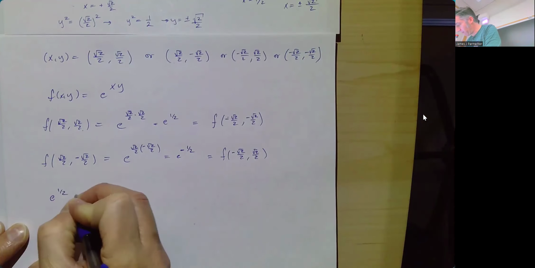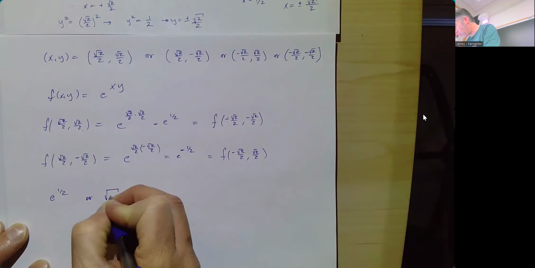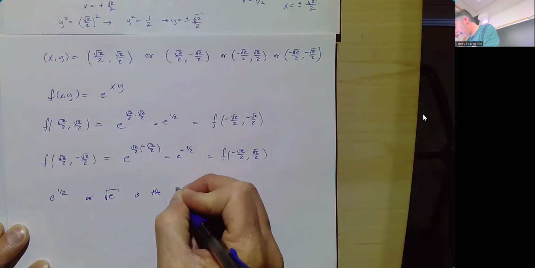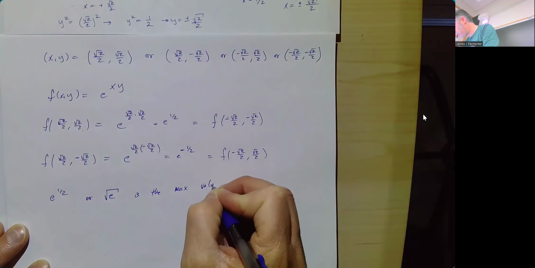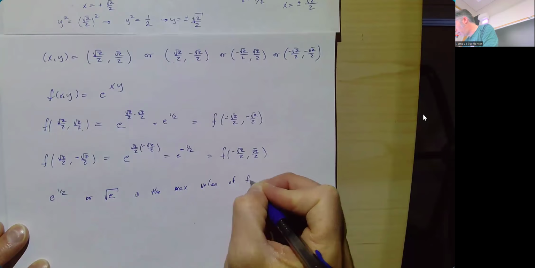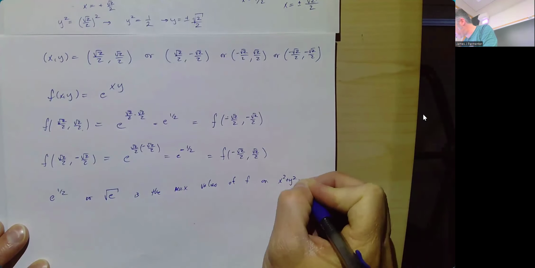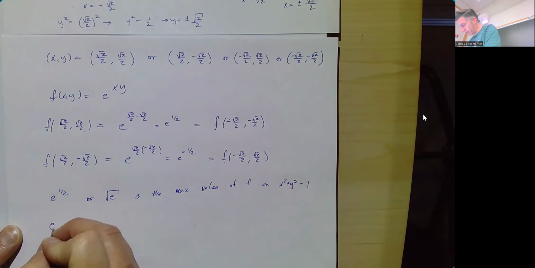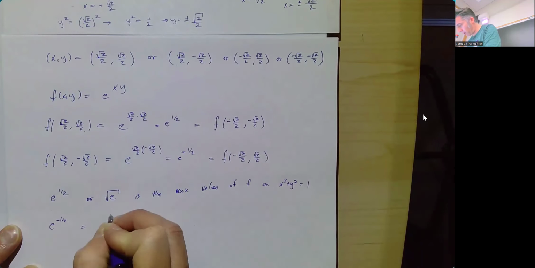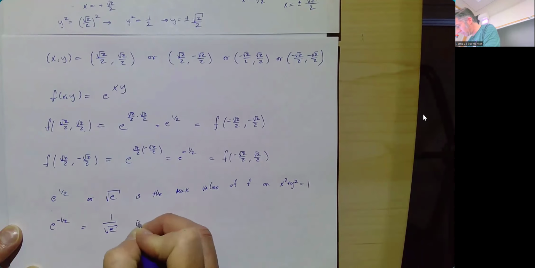E to the 1/2, or if you like, the square root of e, is the maximum value of f on the circle x squared plus y squared equals 1. Similarly, e to the negative 1/2, or 1 over the square root of e, is the minimum value.